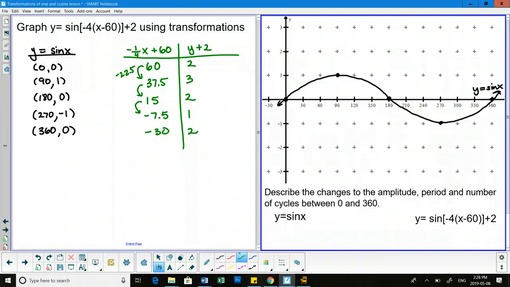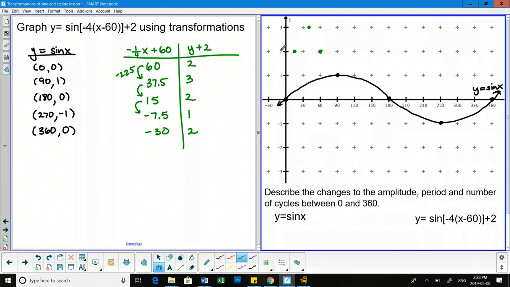Okay, and you'll graph your first cycle as usual. So 60, yeah, it's kind of a problem, right? 37.5 is about a quarter of the way between 30 and 60, so it's going to be about right here. And then 15 is exactly halfway between 0 and 30, so that should be at the halfway point.